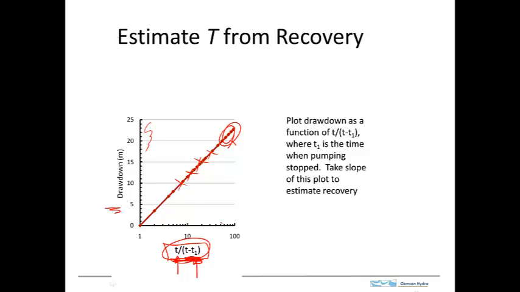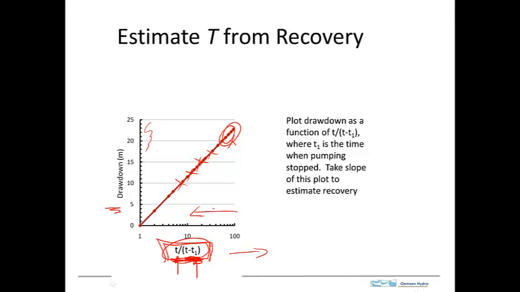So this axis here is really plotting the data in the opposite direction. We're used to having time increase in this direction, but this t over t minus t1 is increasing back in that direction.